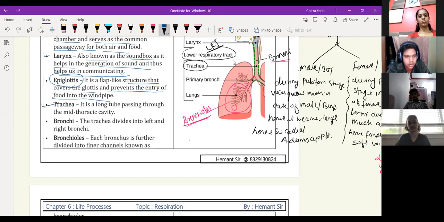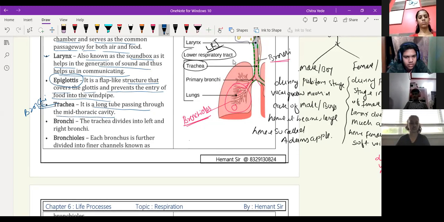Then we have the trachea. It is the long tube, also called the main bronchi. It is the long tube passing through the mid thoracic cavity.